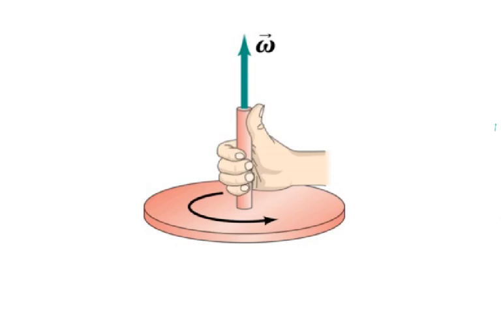The way your thumb is pointing is the direction of the angular velocity and angular acceleration. To find the direction, you have to wrap your fingers around so that they follow the direction of the motion, the black arrow, and your thumb will always show you what direction the angular velocity and acceleration are.